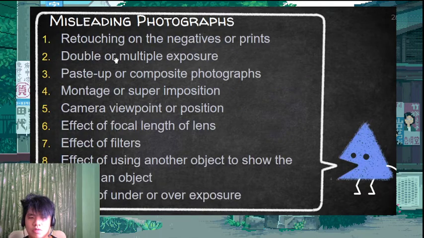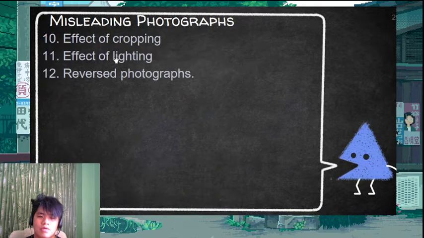There are also misleading photographs: retouching on the negatives or prints, double or multiple exposure, fake or composite photographs, montage or superimposition, camera viewpoint. I will put examples of these in your Google Classroom, but I still need to add some.